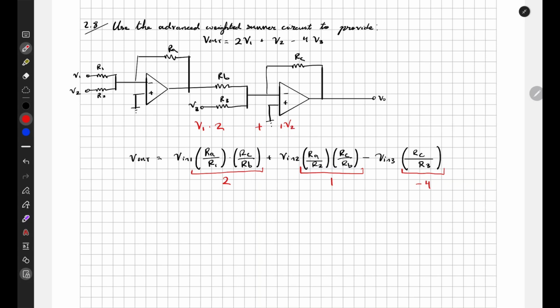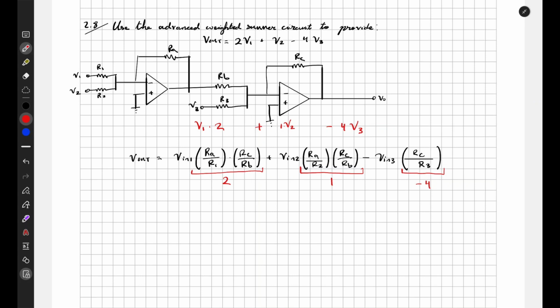And then at the very end, when we include the feedback in R3 and everything else, there's a minus 4 in front of V3. So we just put a minus 4 times V3 here. So this is the circuit. More intuitive understanding is what's going on through each stage of the op-amp.